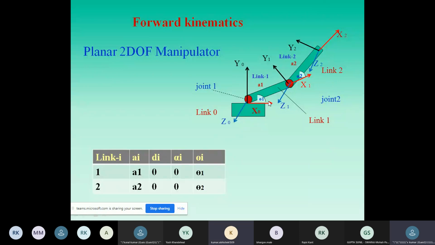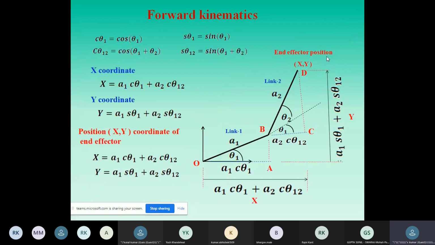You cannot find the forward and inverse kinematics because you have to find the transformation matrix. To find the transformation matrix, you need to know how we attach the frames to the links, and then you have to find the DH parameters. This is overall forward kinematics and inverse kinematics.